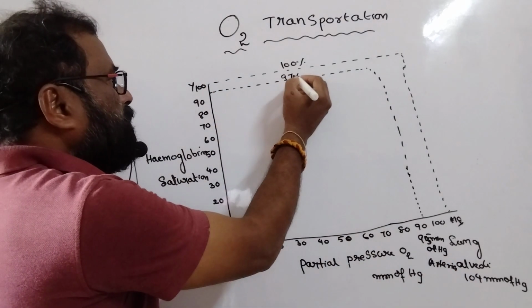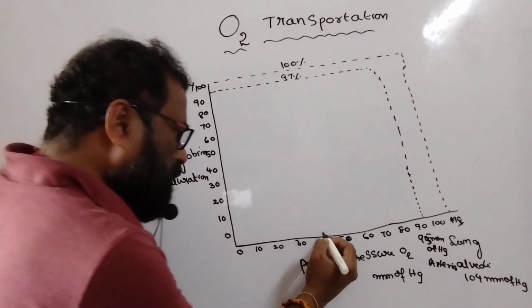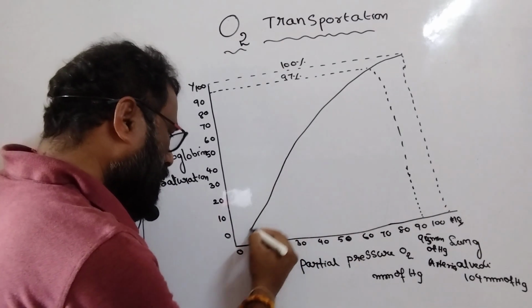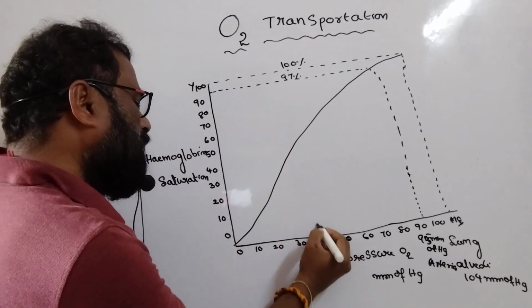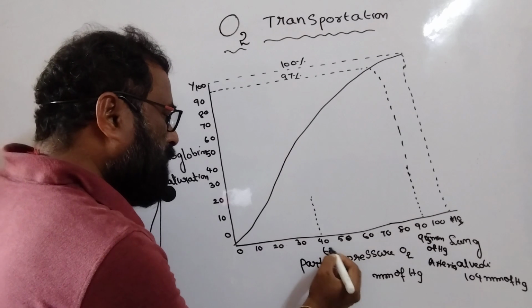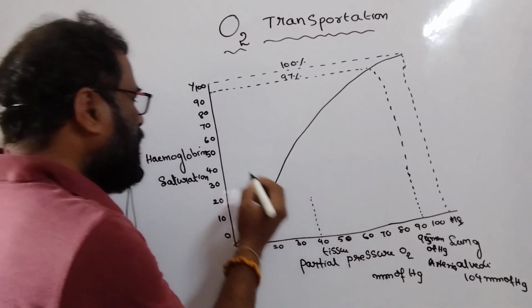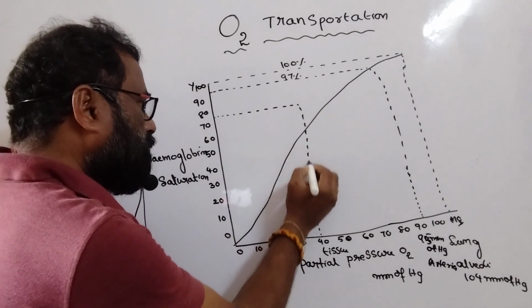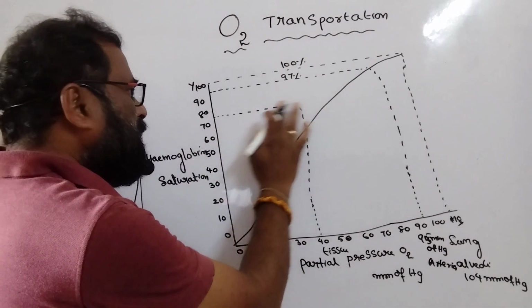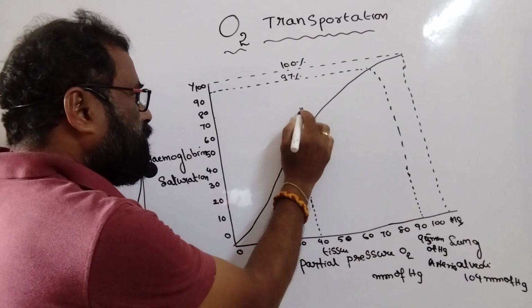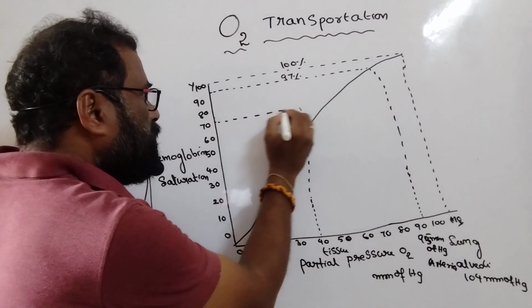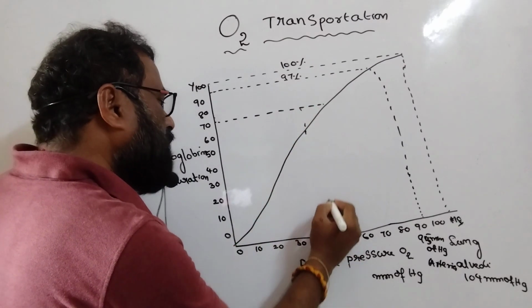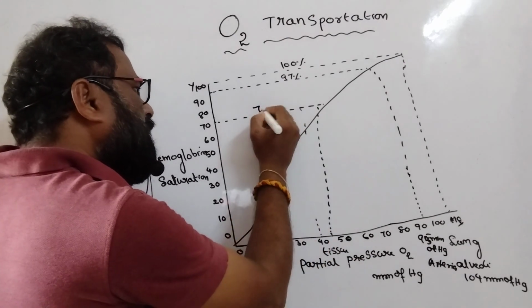At tissues there is 40 mm of Hg. At this, 75% of hemoglobin is saturated.